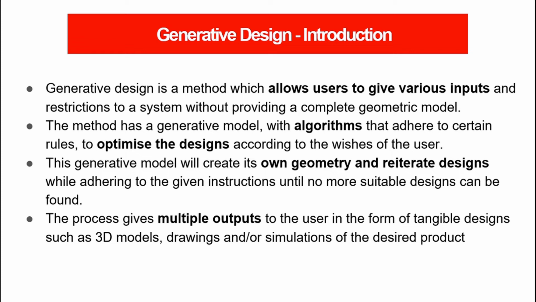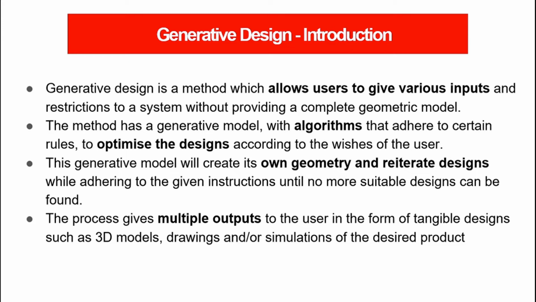Using advanced technologies like artificial intelligence and machine learning, the computer itself generates a lot of models by optimizing the design that we already have in place. So it would effectively adhere to the user's wishes, and using the generative model it will create its own geometry.